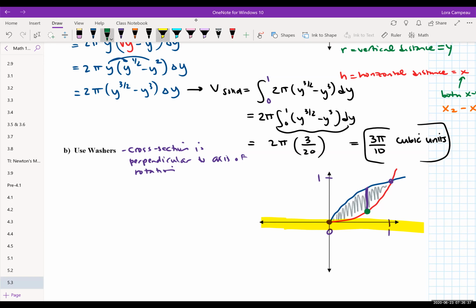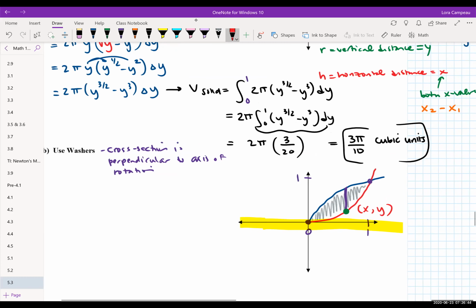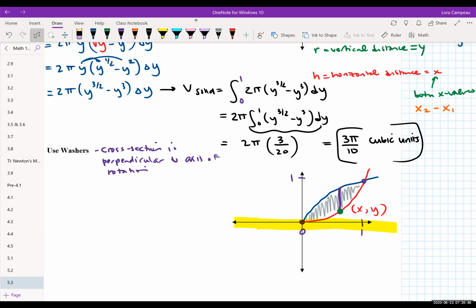Yes, it's an x value and a y value, that is true, but we can be more specific in a second. Similarly, your other end of the cross-section, that's an x value and a y value on the blue curve. Just trying my best to color code so we can make that connection.